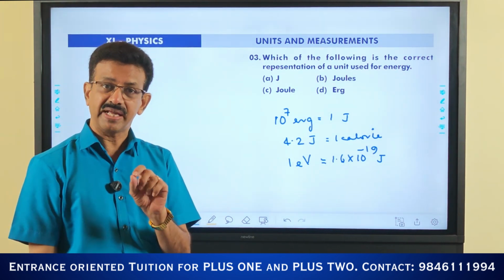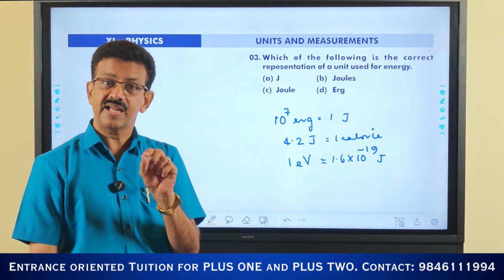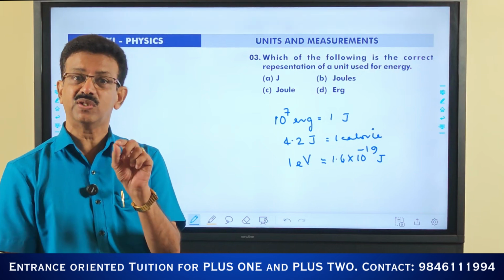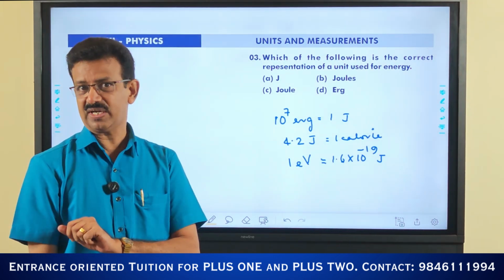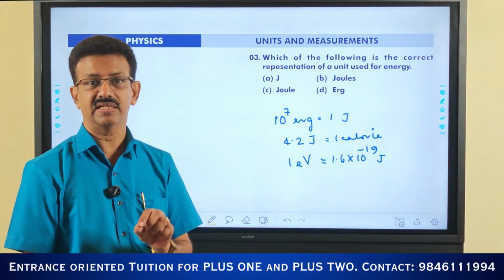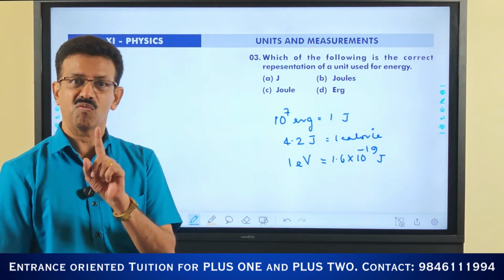1 calorie means 4.2 joule, and it is the heat required to raise the temperature of unit mass of water through 1 Kelvin. Similarly, 1 electron volt is the energy acquired by an electron when it is accelerated through a potential difference of 1 volt.